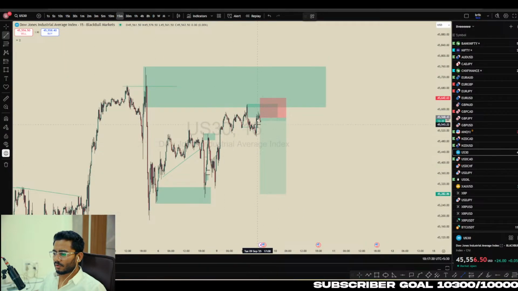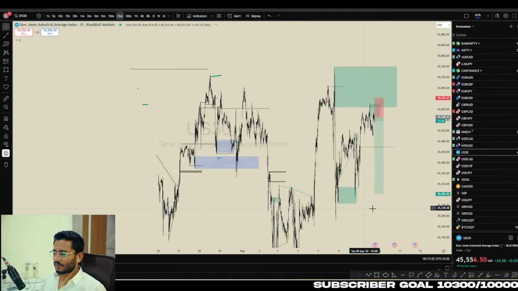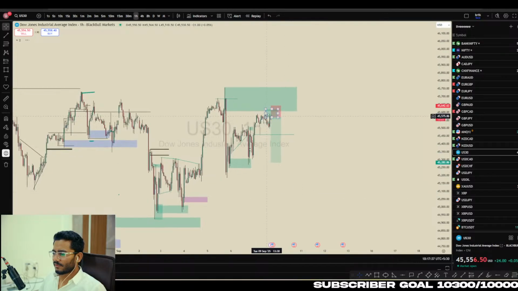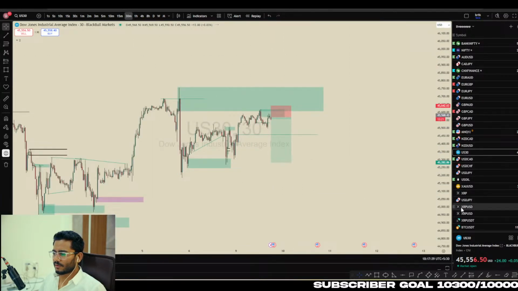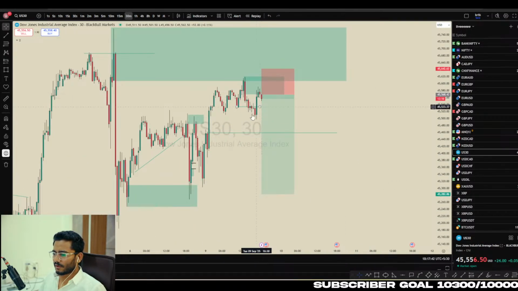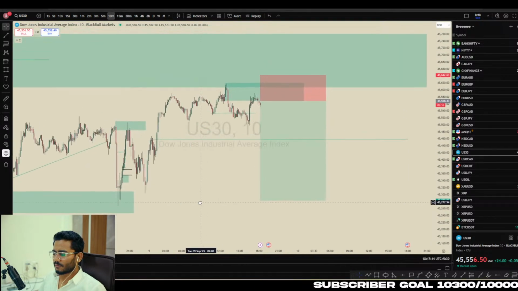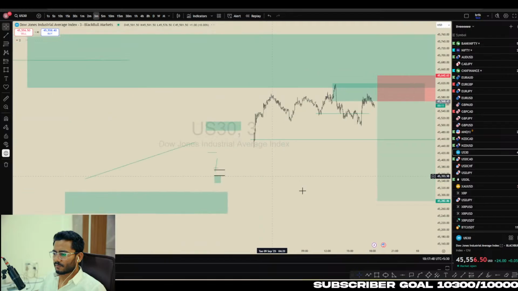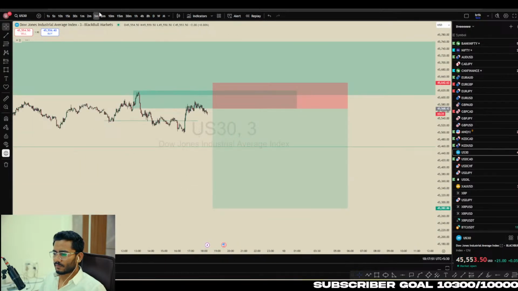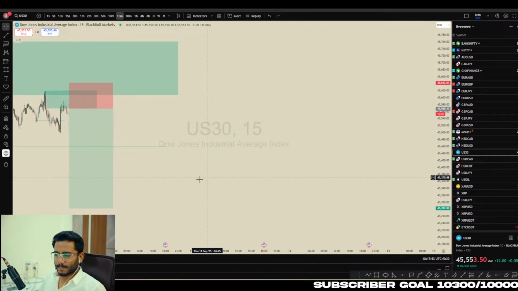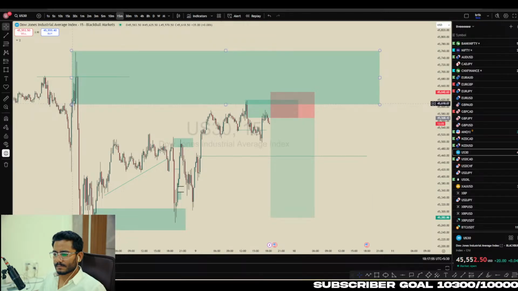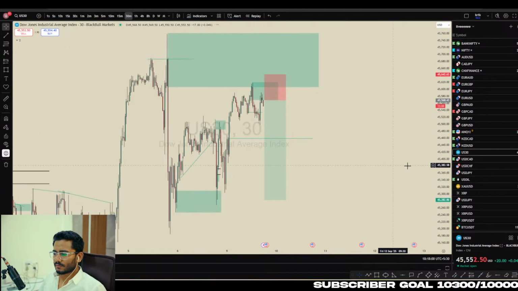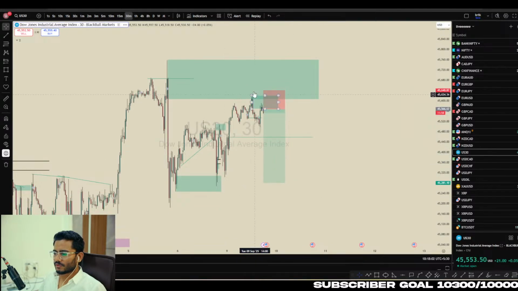You can go to break even after this. Let's go to 4 and see. Price has tapped here, but looking at this candle, this big candle, so we should look for entry over here.